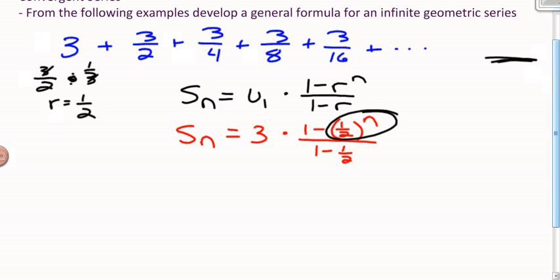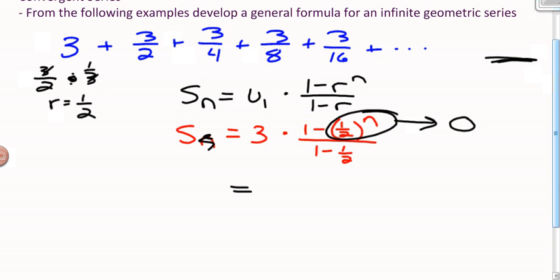So that's 1 to the 1,000,000th power over 2 to the 1,000,000th power, which is 1 over something really, really small, which means this approaches 0. Because it becomes so minuscule, there's no n left in here.